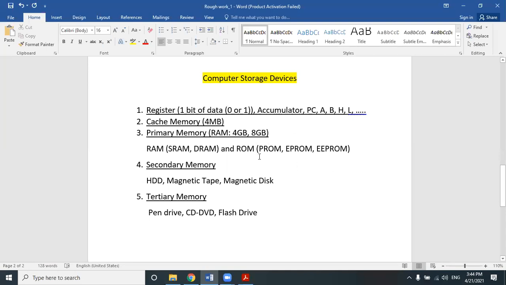Until the ROM hardware is corrupted, the data will be stored within the ROM for an infinite amount of time. That's why the operating system files are generally installed inside the ROM. Each time you open your computer system, you don't need to install the operating system again and again, because it is already stored inside the ROM, which is a non-volatile memory.